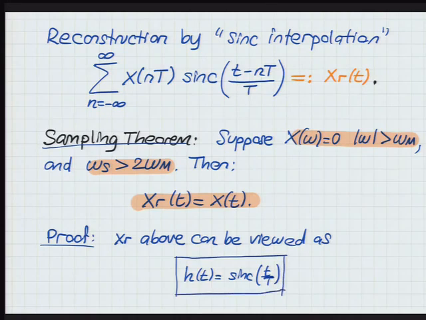Clear? And I claim that if I apply a certain input, which we'll get to in a second, the output is actually the x_r of t that I was talking about above. All right, so the puzzle is, what kind of input would have to go into this so that it spits out the expression at the very top of this page?